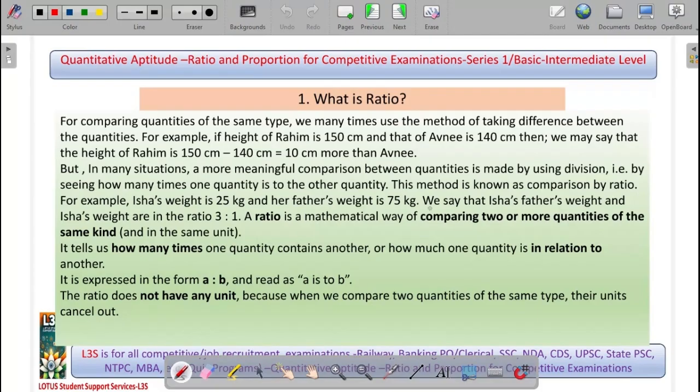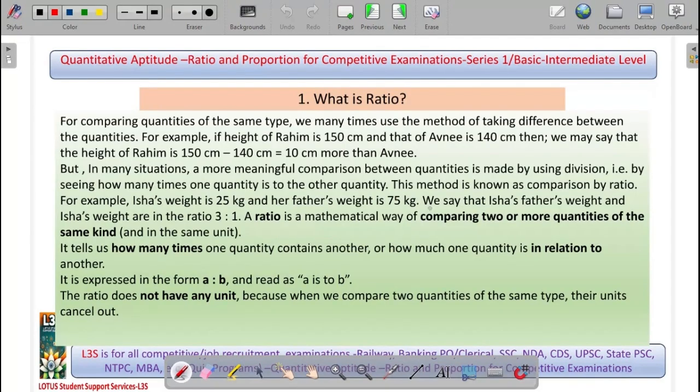And one thing we have to remember: a ratio is a mathematical way of comparing two or more quantities of the same kind and in the same unit. So when we take the ratio regarding speed, both quantities will be in the same unit and of the same type. Both will be speed only.